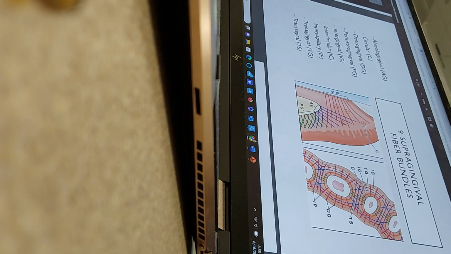Dento is tooth. Inter is in between. Trans is across. So keep those things in mind. These little ones, transseptal, are going from tooth to tooth, building a really nice web of structures and fibers that help connect everything and provide rigidity and more solid structure to the gingiva. You good? Okay.